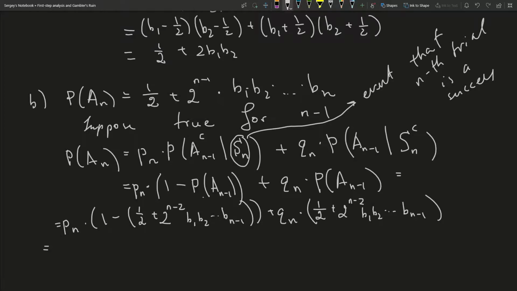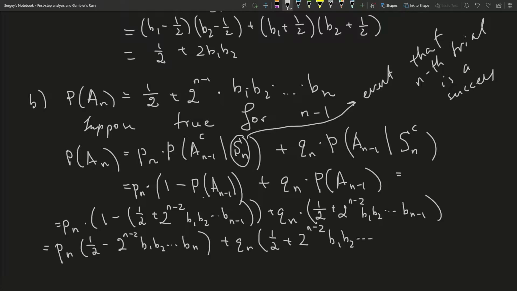Now simplifying the expressions, we get p sub n times 1/2 minus 2 to the n minus second power, b sub 1, b sub 2, all the way to b sub n minus 1, plus q sub n times 1/2 plus 2 to the n minus second power, b sub 1, b sub 2, all the way to b sub n minus 1.